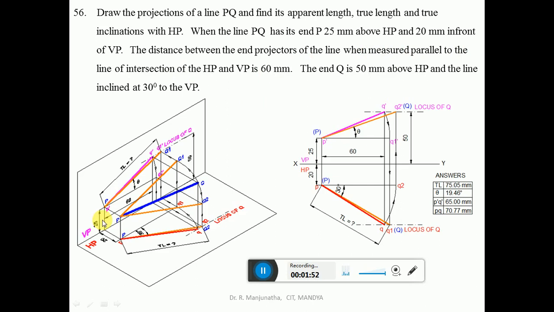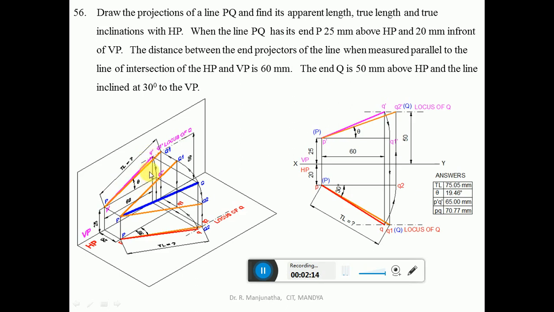So from the front view you measure a distance of 60 mm from the projector of P and draw a vertical projector so that it cuts the locus of Q in the front view. This point becomes Q dash. Then join P dash to Q dash with a dash line, so you get this line.